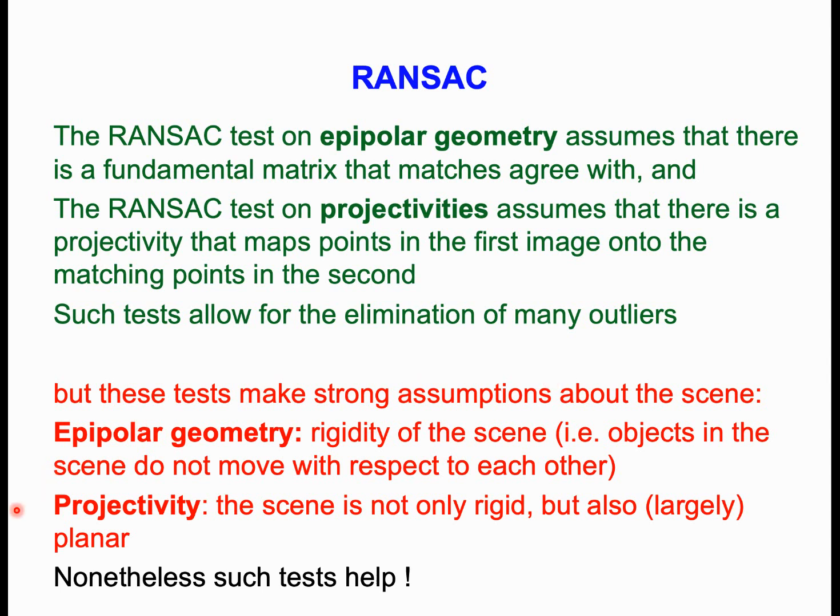If we assume even further projectivity, then we don't only assume that the scene is composed of rigid objects, but also that the objects in the scene are largely planar so that I can assume projective transformations. Anyway, despite these strong assumptions, RANSAC is actually quite a useful algorithm. And these tests really help get rid of the spurious correspondences and have a robust recognition system.